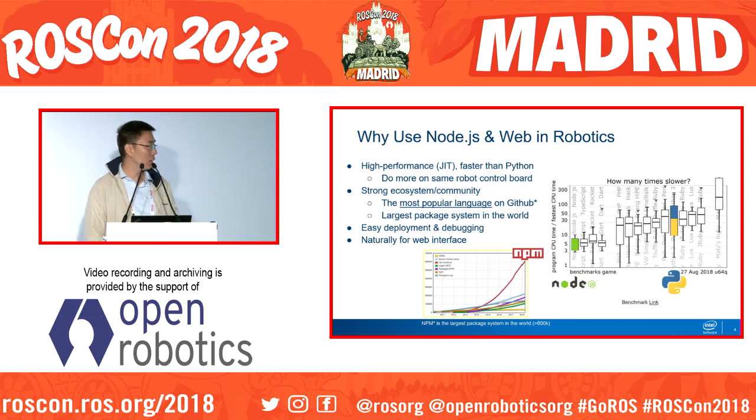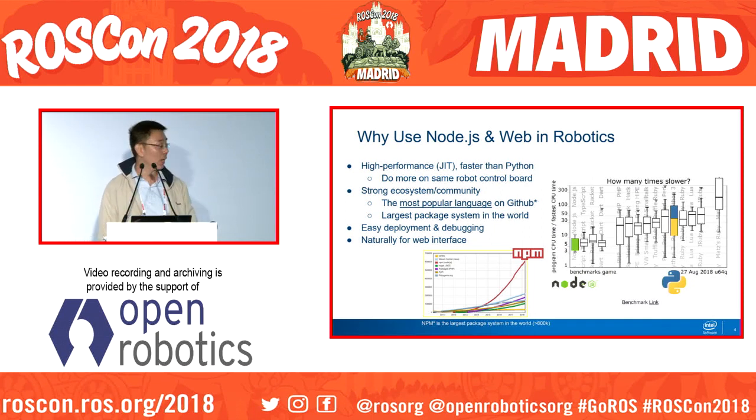Node.js itself is built on the Google V8 engine, featuring event-driven programming and high concurrency. For the benchmark on the right, we can see Node.js is faster than most of the scripting languages in most cases, which means you can do more with the same hardware within a certain time.